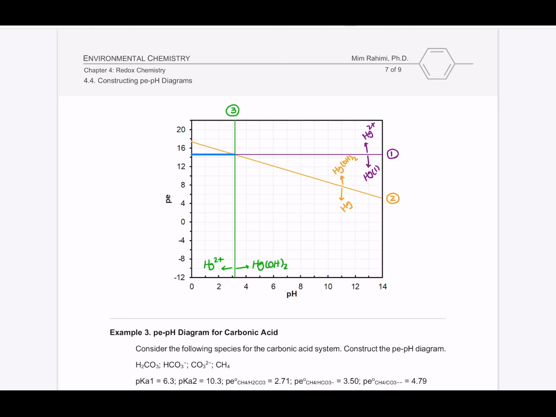So obviously, this part of the line doesn't make sense, right? How about this part? It does make sense. It doesn't contradict any information. This is the part where HgOH2 is involved in the reaction. It's going back and forth between Hg and HgOH2. So we can basically take this part. So we trimmed line number 2 also.